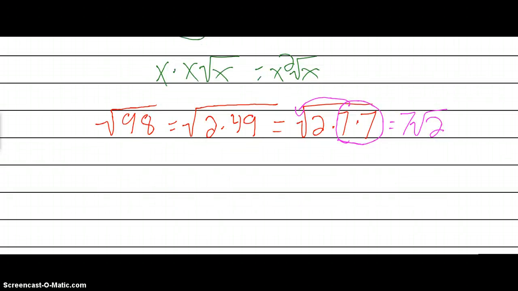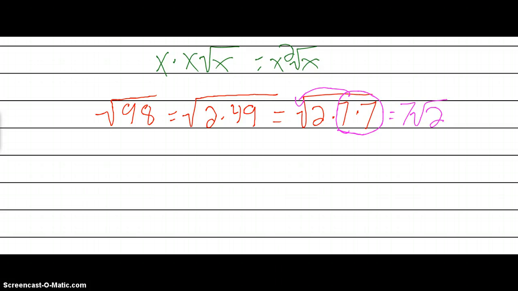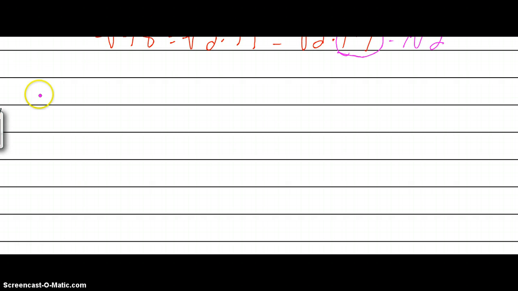So now let's do it with both numbers and variables. So let's say the square root of 60x to the 7th. Let's say 60. It's the same thing as saying 6 times 10.